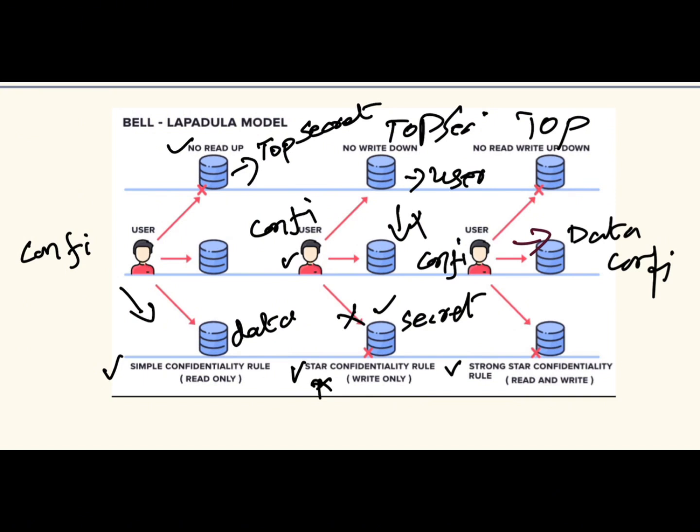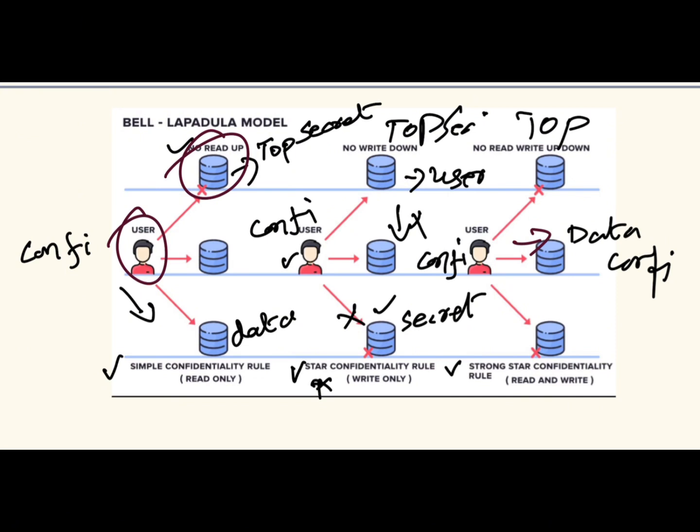The system will check which clearance level this user has, and the system checks both labels before allowing access: the clearance level of the user as well as the label of the data. Based on that, the decision will be made. It is enforced by the operating system.